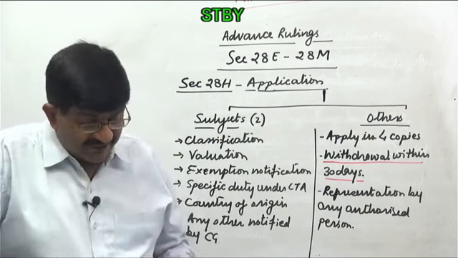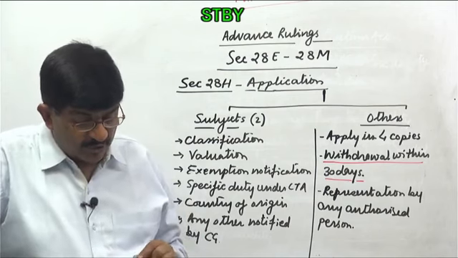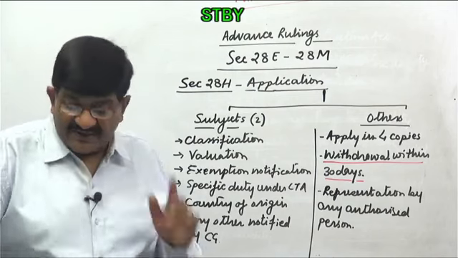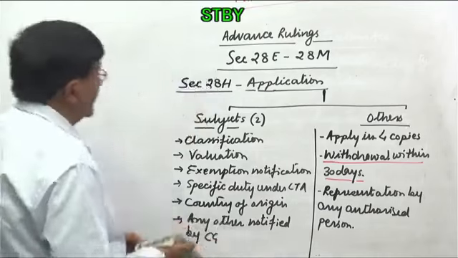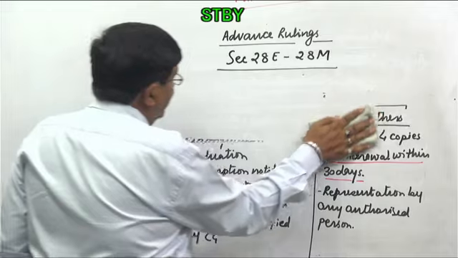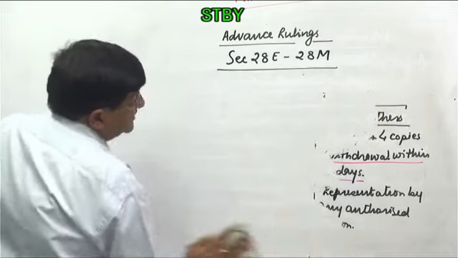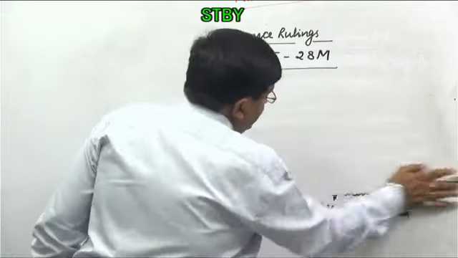And the authority may, after examining the application and records called for, either allow or reject the application. So subsection 2 is more important: when the application shall be rejected. Shall be rejected. We are not giving the option.